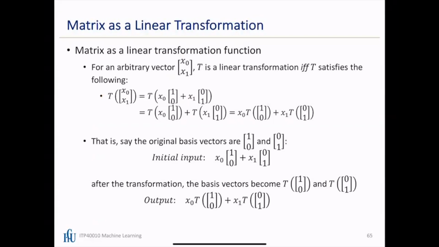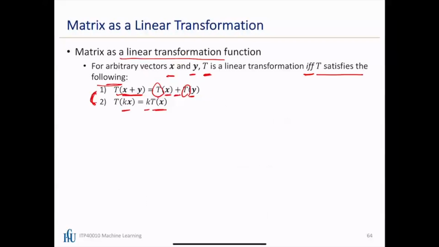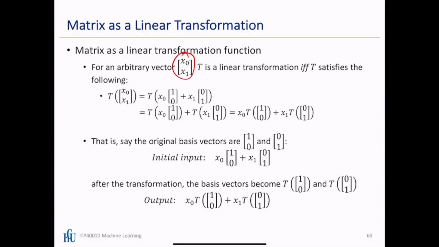And now let's extend it. These are the same notation as the previous slide, but slightly expanded with vectors. So for an arbitrary vector with components x0 and x1, T is a linear transformation if and only if T satisfies the following. So you have T here and the original vector.